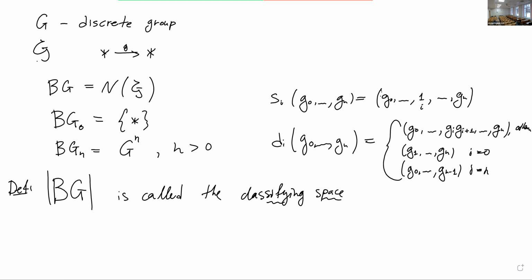Okay, so now we have simplices of all dimensions. What are the faces and the degeneracies? They work the same way.